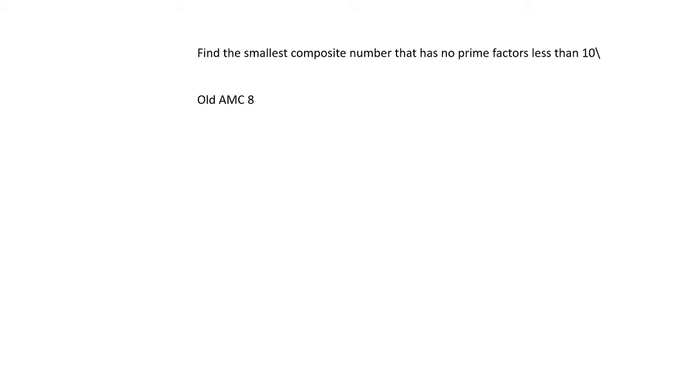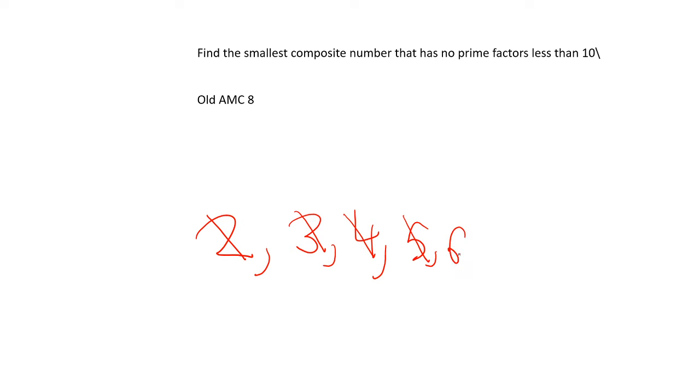So let's start with 2. It can't be a multiple of 2, because 2 is less than 10. Can't be a multiple of 3, 3 is less than 10. Can't be a multiple of 4, because 4 is a multiple of 2. Can't be a multiple of 5, 5 is less than 10. Can't be a multiple of 6, 6 is a multiple of 2. It can't be a multiple of 7, 7 is less than 10.